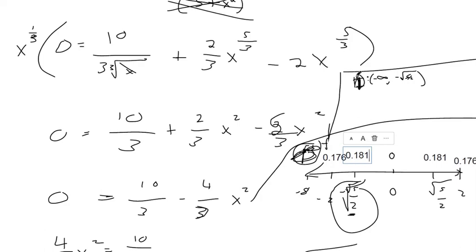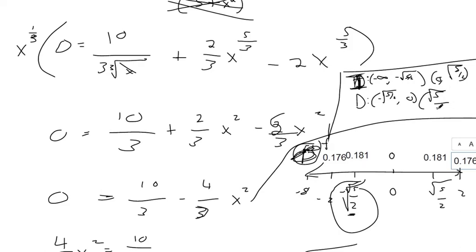And then it's decreasing from that critical point, negative square root of 5 over 2, to 0. And then it starts increasing again from 0 to square root of 5 over 2. And then it starts going back down. So it's decreasing from that critical point to infinity.